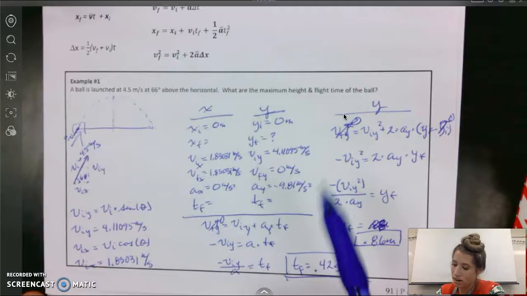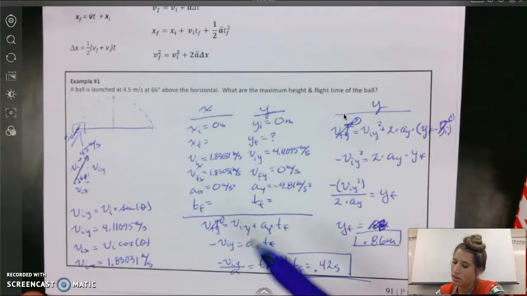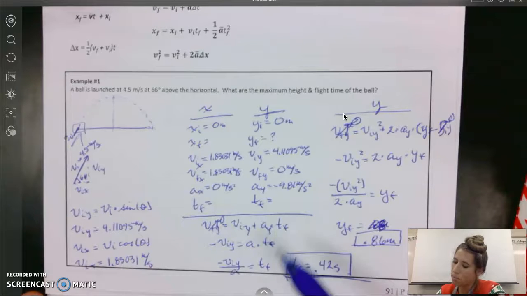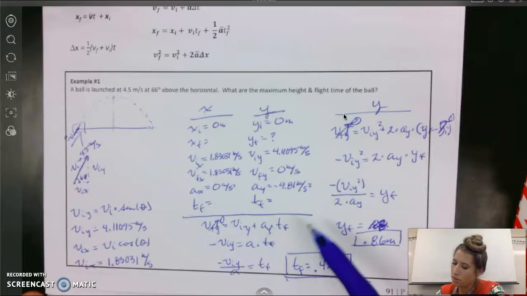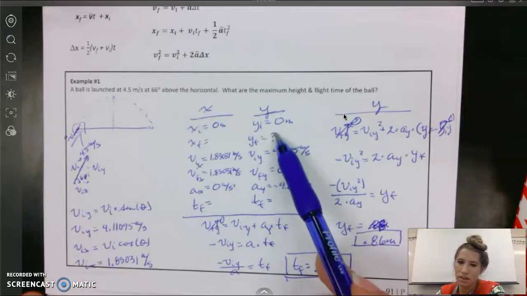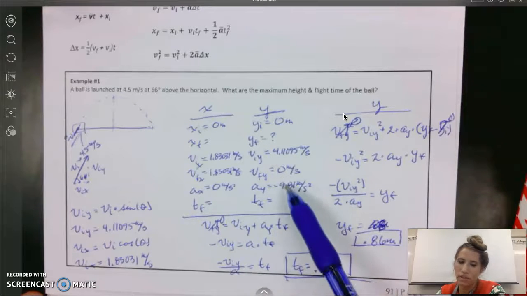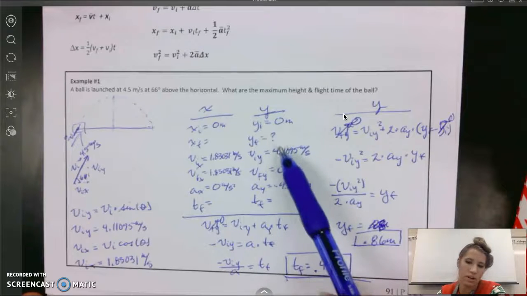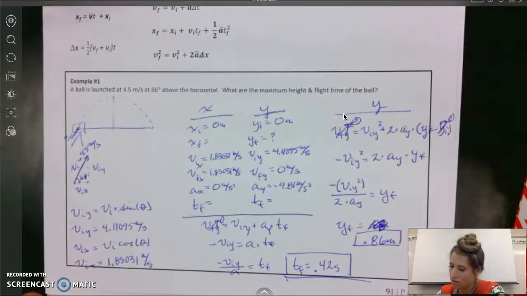To figure out the time, I chose an equation where I had the time component. And I chose one that didn't have the y final, because we calculated that. It'd be nice if I could just use numbers from here, and I was able to do that, but sometimes that's not the case when we have to use that calculated number, and that's fine.